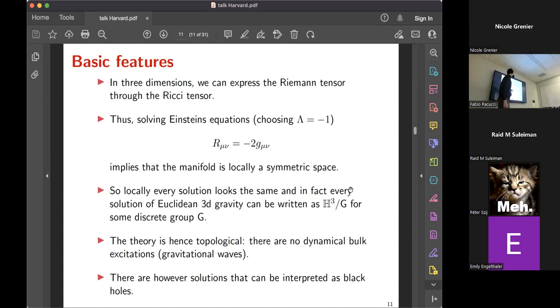And so that means that every solution of 3D gravity is just hyperbolic space, which is the 3-dimensional analog of the upper half plane, divided by some discrete group. So that seemingly is very nice, that we can classify all the solutions of 3D gravity in a very simple way. And as I also already said, the theory is topological. There are no dynamical degrees of freedom, no gravitational waves. But there are still solutions that are black holes.